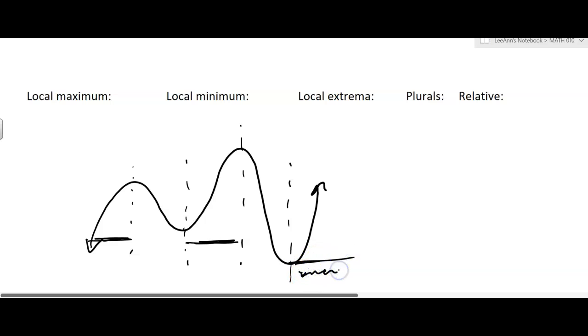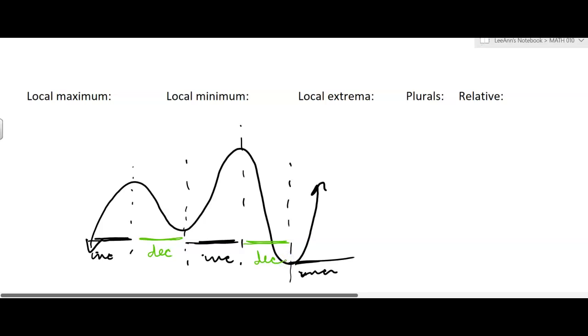So those are increasing. And then the other two sections, it's decreasing, right? Between here and here, it's decreasing, and between here and here, it's decreasing as well. Okay. So pretend like there's an X and Y axis.